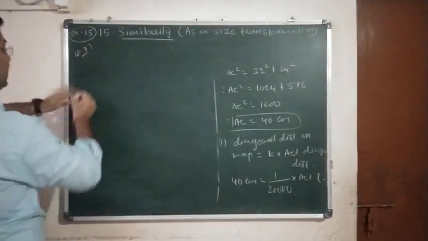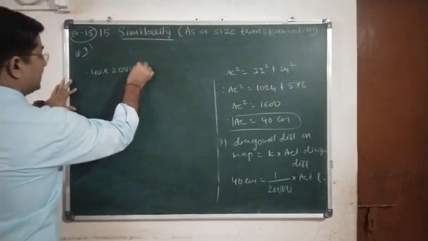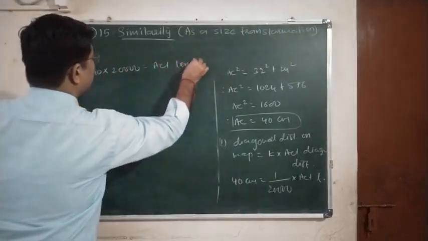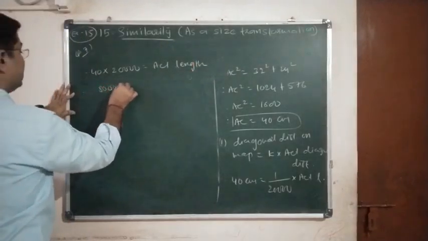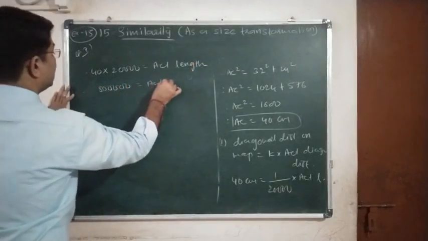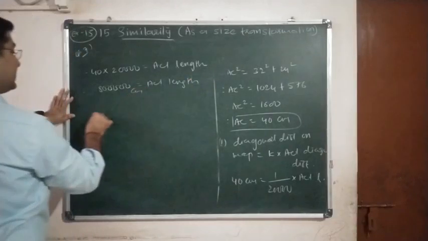Therefore 40 into 20,000 is equal to actual length. 4 into 8, 4 into 5 is equal to actual length. This is in centimeters.